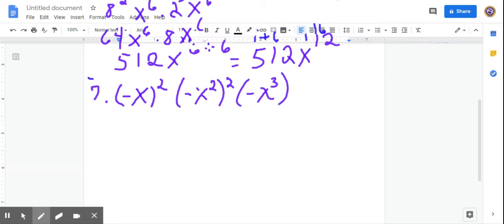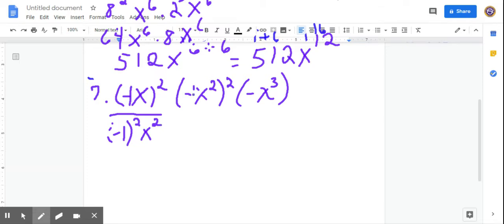What you have to remember is that this first parentheses right here, that negative inside is technically a negative 1. So when you square that negative 1, it's going to become positive. Remember, power to a power, we're multiplying.